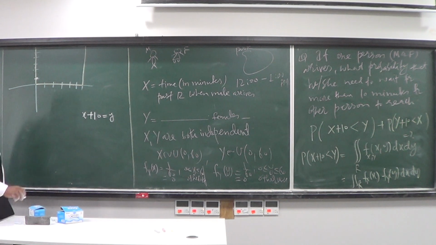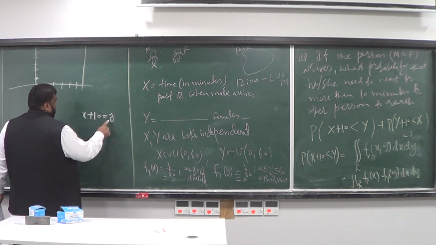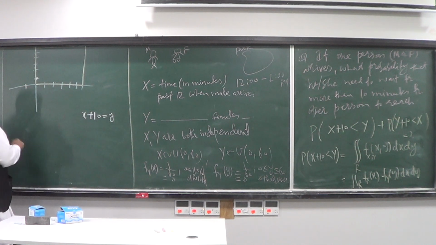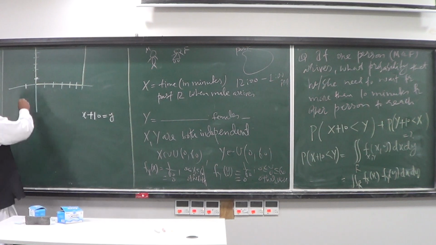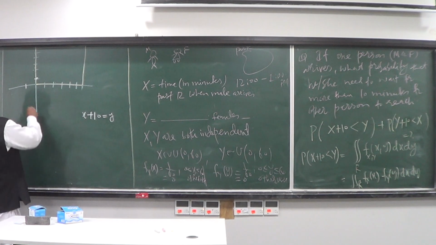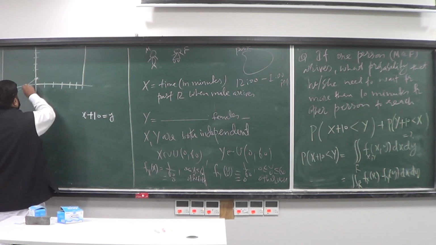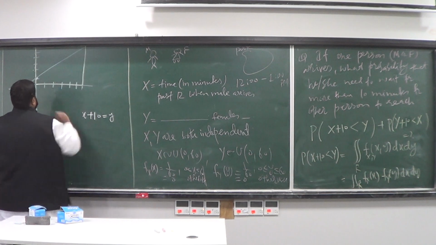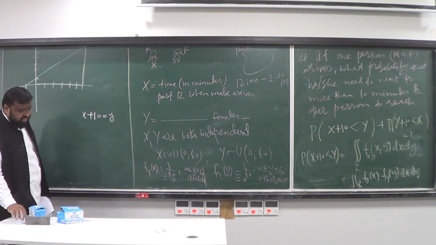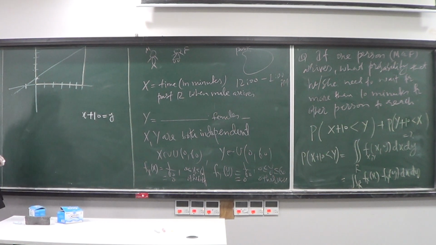If you take y equal to 0, then x is negative 10, so maybe negative 10 is really here. So this is the equation of the graph of the straight line x plus 10 equal to y. Now which region is the region that denotes it?